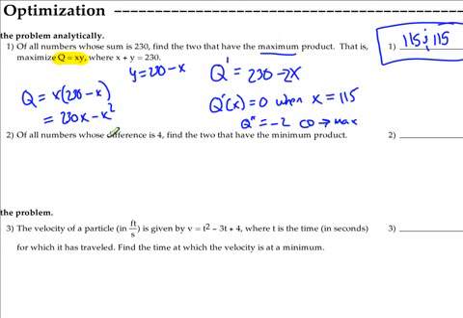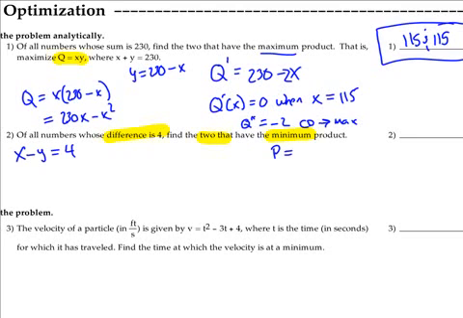Of all the numbers whose difference is 4, find two that have a minimum product. Well, that difference would equal x minus y, or x minus y is equal to 4, right? There's two numbers that have a difference of 4, and they have a minimum product.